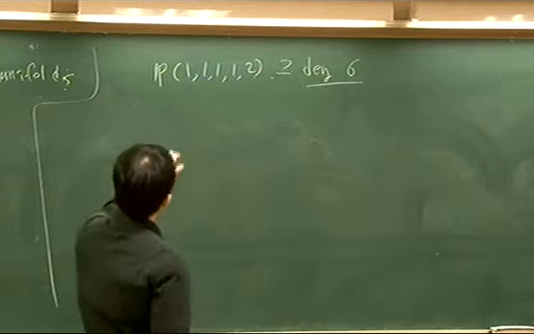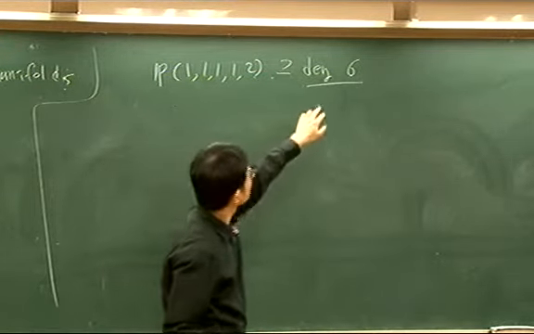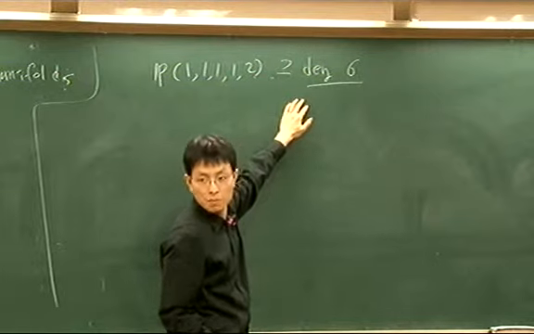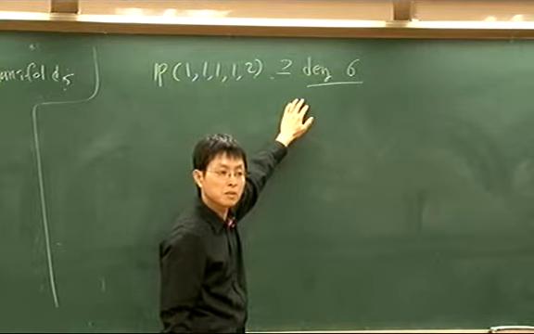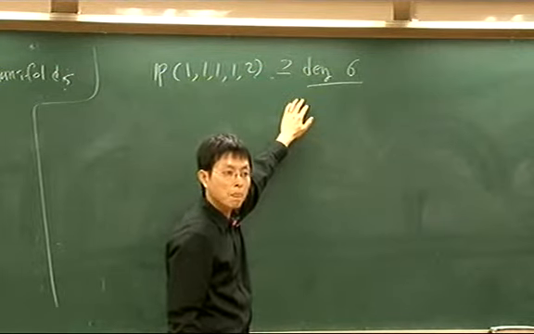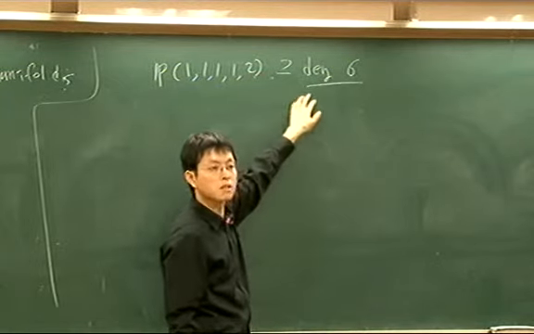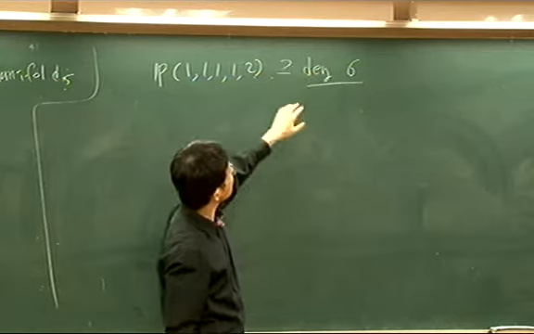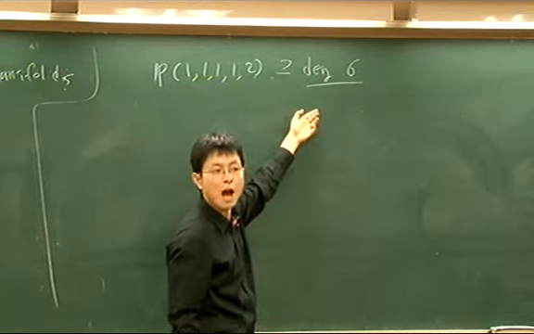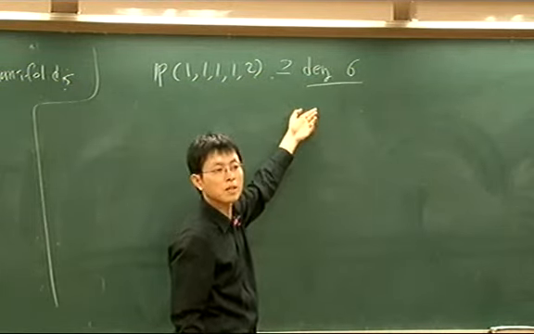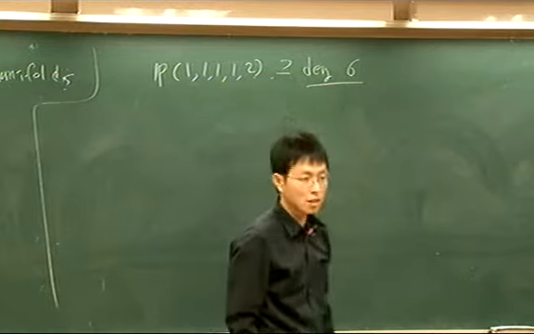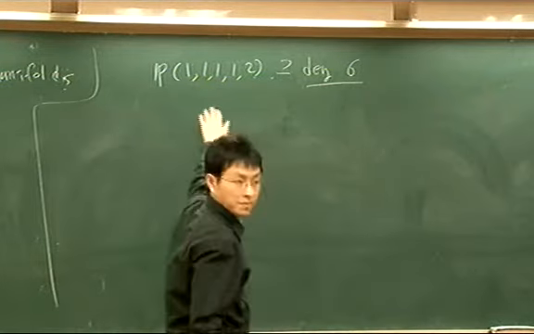No, here this is singular, but in the degree 6 case, this hypersurface is generally smooth. It depends on the degree: if the degree is odd, then it's singular, but if the degree is even, then it is smooth in this case.